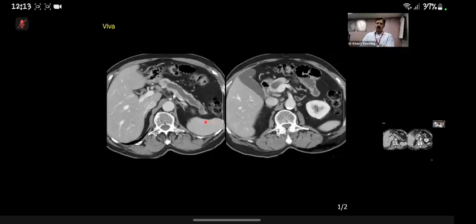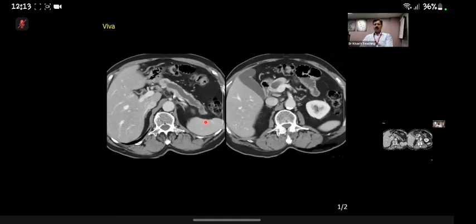Pancreatic adenocarcinoma, why did you say that? As a differential for the dilated duct. So you mean to say that the pancreatic duct is dilated and I am worried that something is causing this dilatation, and whatever it is, it might be within the head. So that is why you said it, right? Yeah. Okay.